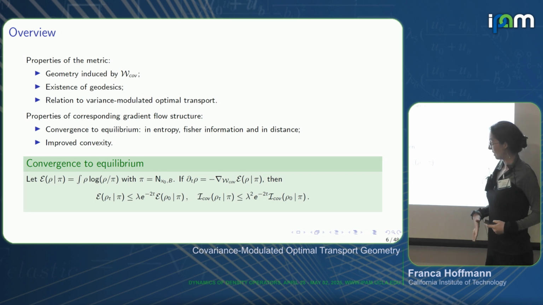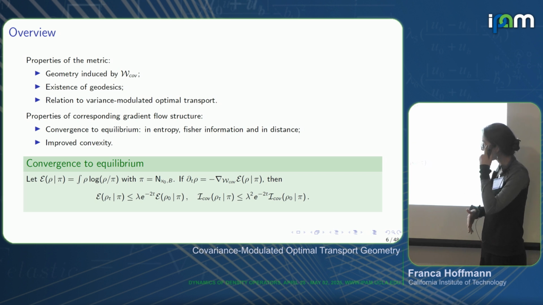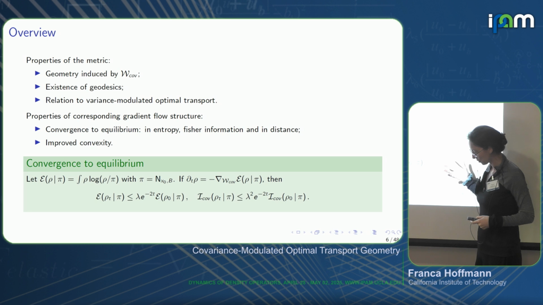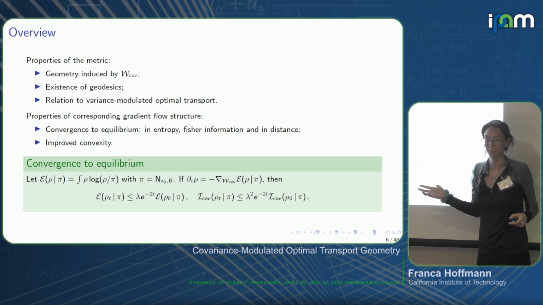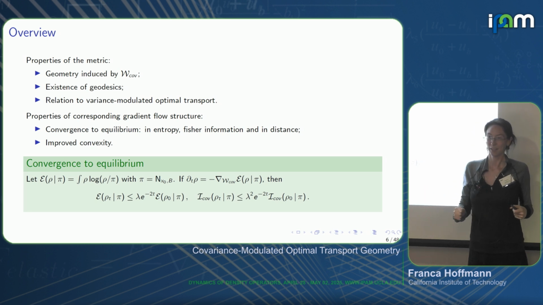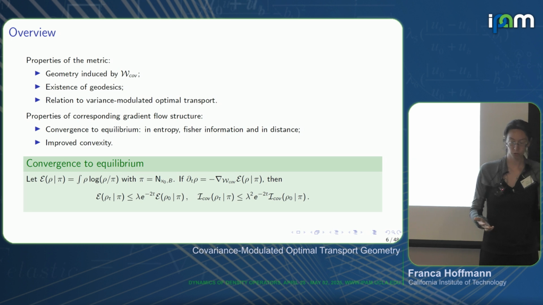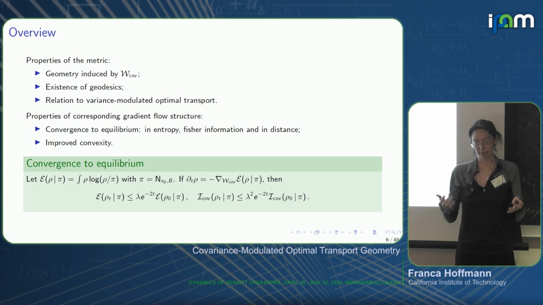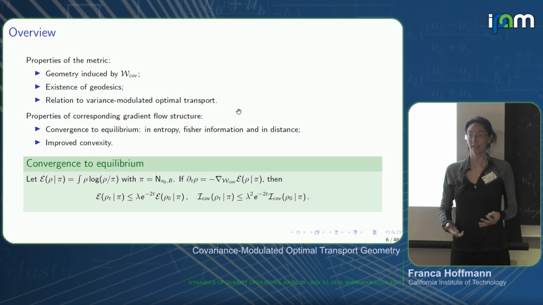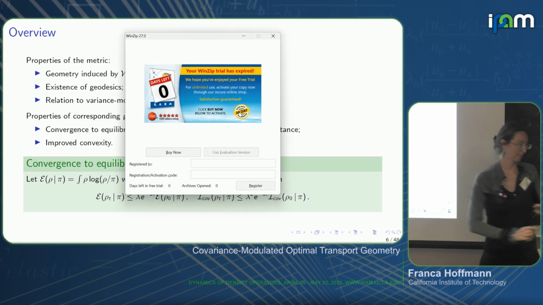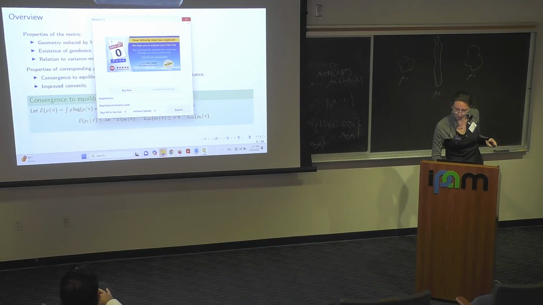Before I get to this, I just want to tell you sort of the trailer of why this is cool. If I take the KL divergence, or the relative entropy, in the classical Wasserstein 2 metric, and I look at the gradient descent, then, oh, that's exactly what I didn't want to happen.